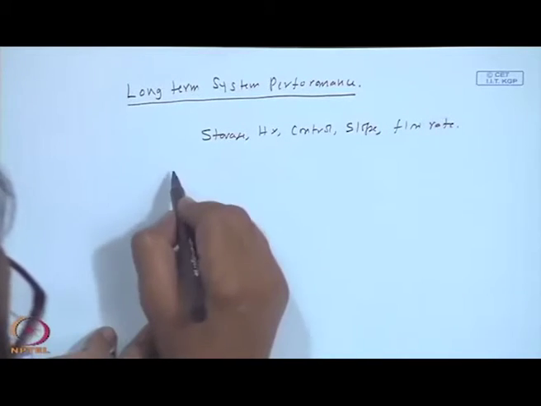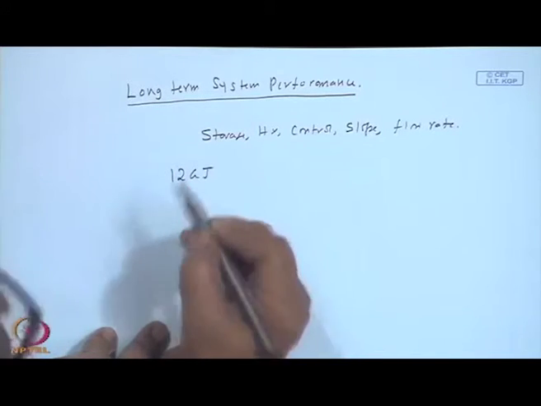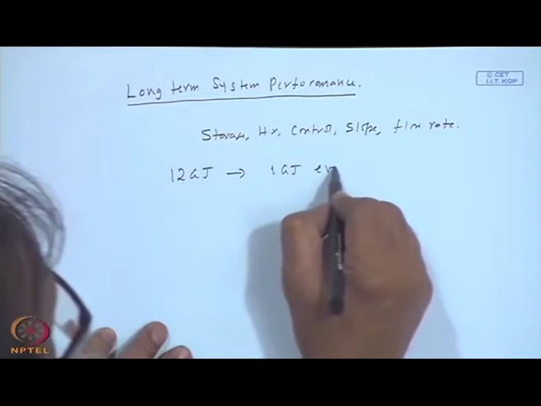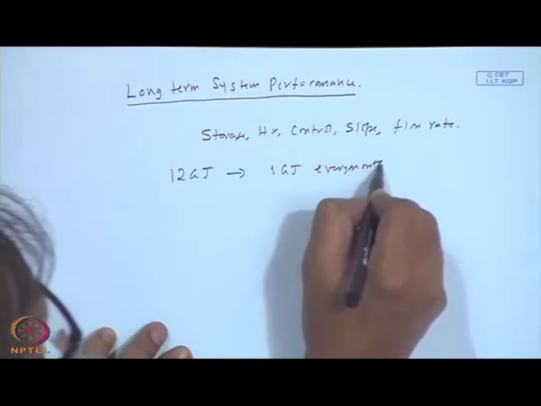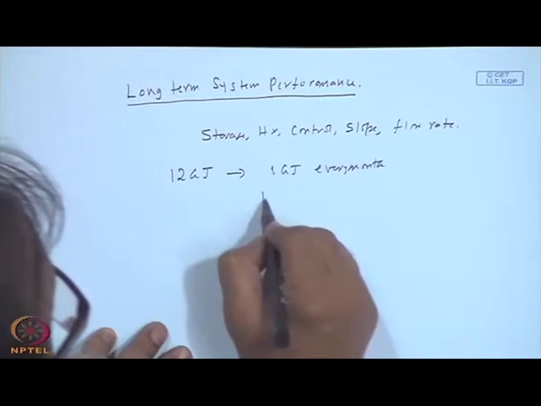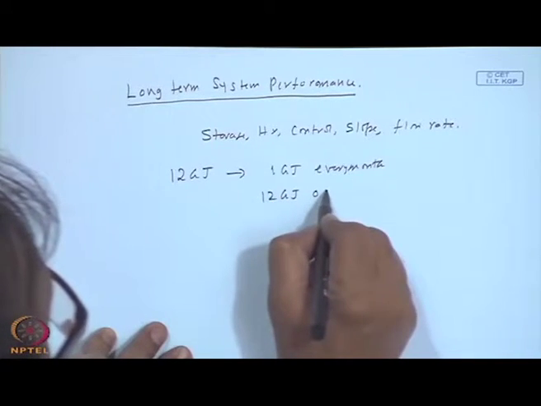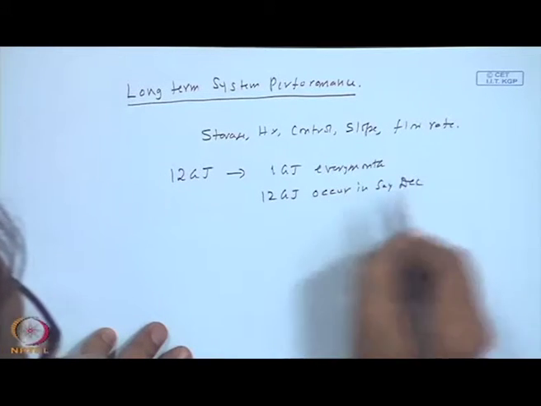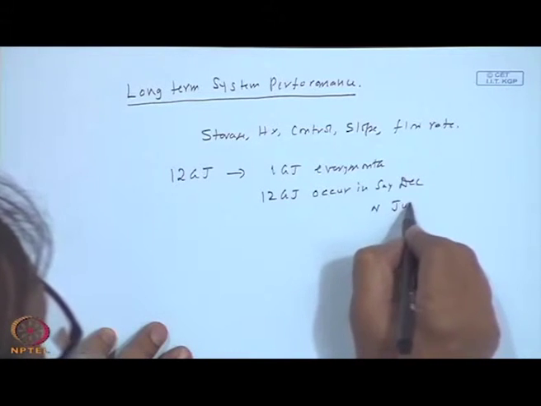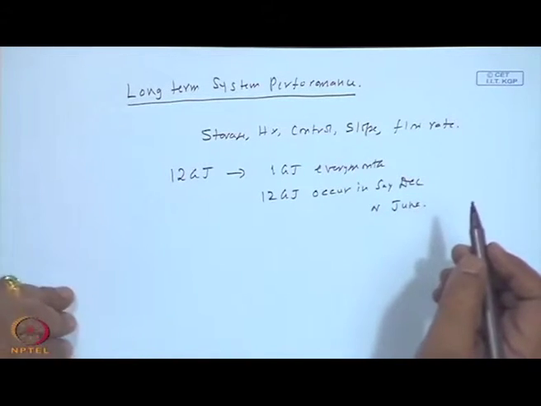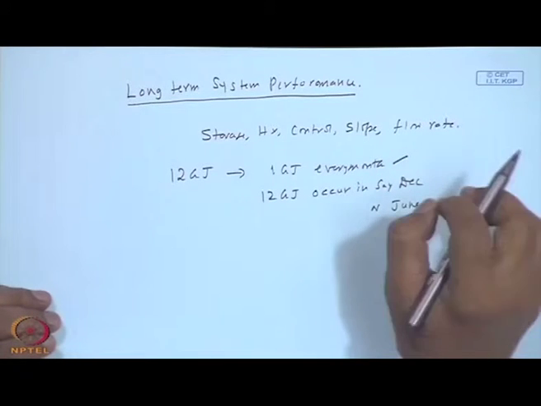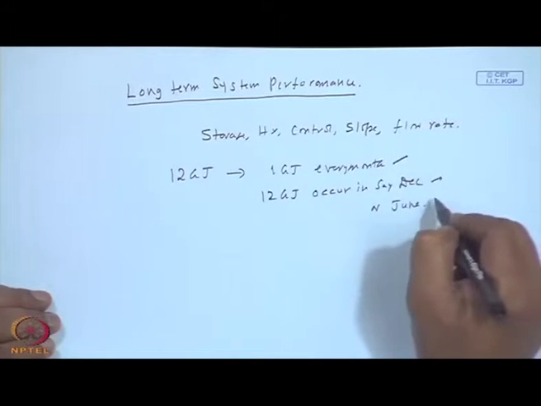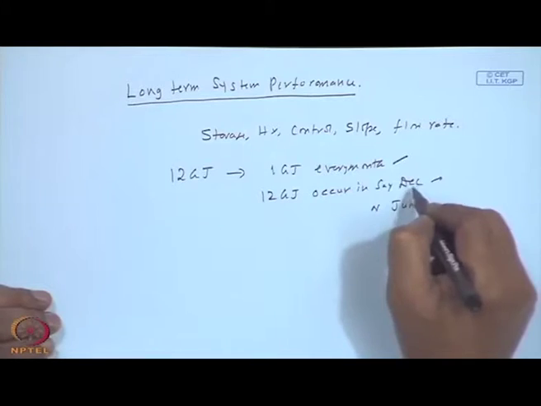To illustrate the point, I may have 12 gigajoules distributed equally, 1 gigajoule every month, but the other way around is all the 12 gigajoules occur in, say, December or maybe June, any one month. So, this is likely to have a higher effectiveness for a given area than this particular distribution, and this is likely to be better than what it would be in December.